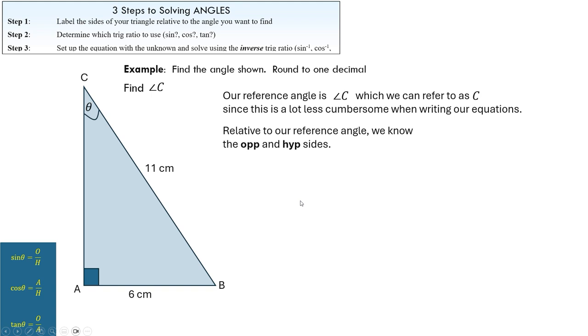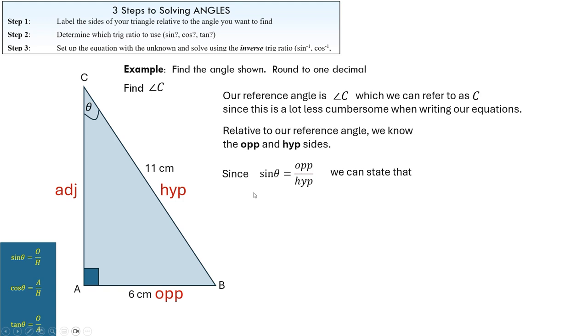Now, a good idea when you're doing this, especially when you're just starting out, is to always label the sides of your triangle relative to the reference angle. So relative to this angle, this side is opposite, this is hypotenuse, and this is adjacent.